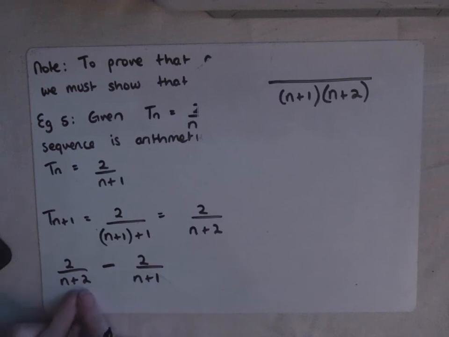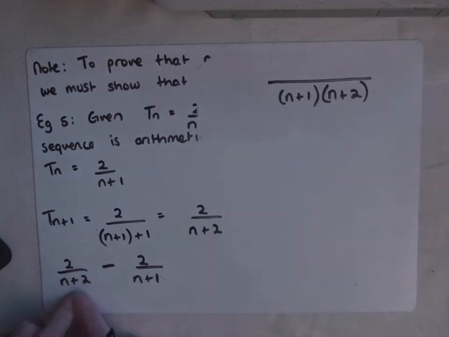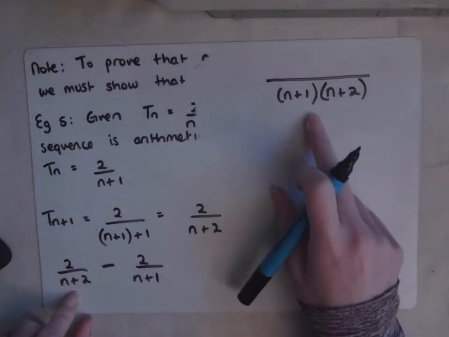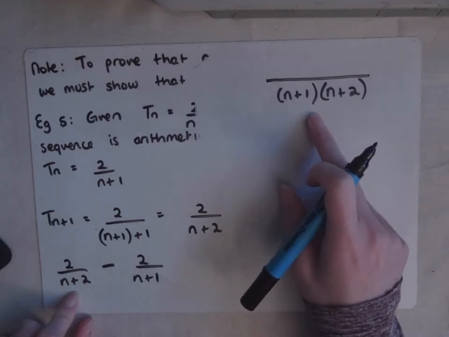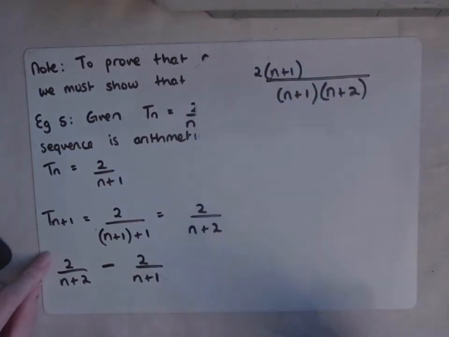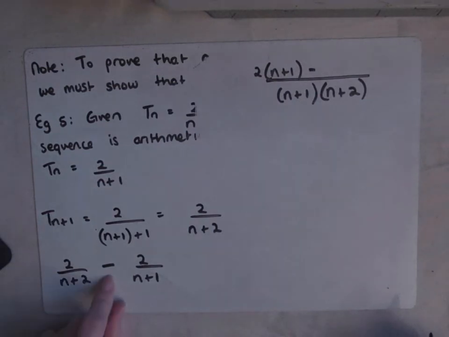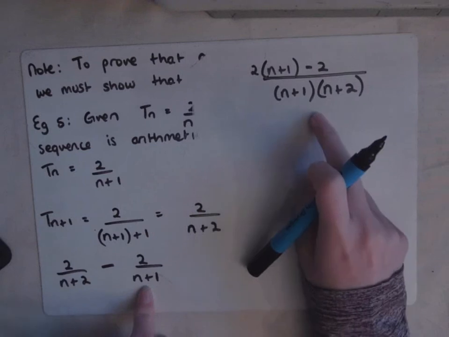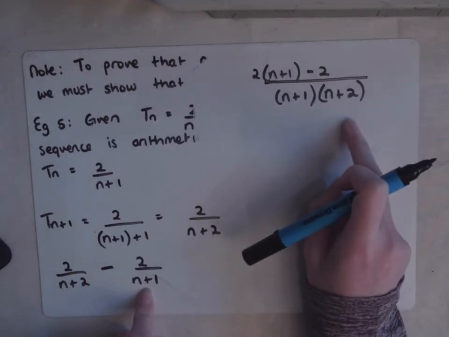Now, here I had n plus 2. Now I have n plus 1 by n plus 2. What did I multiply this by to get this? N plus 1. So if I multiply the bottom by n plus 1, I also have to multiply the top by n plus 1. I have a minus in the question and I have a 2. What did I multiply this by to get this? N plus 2.